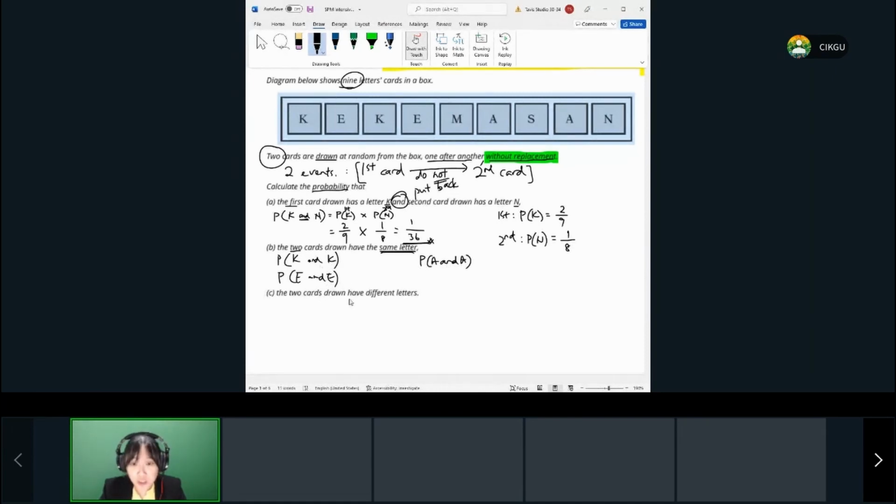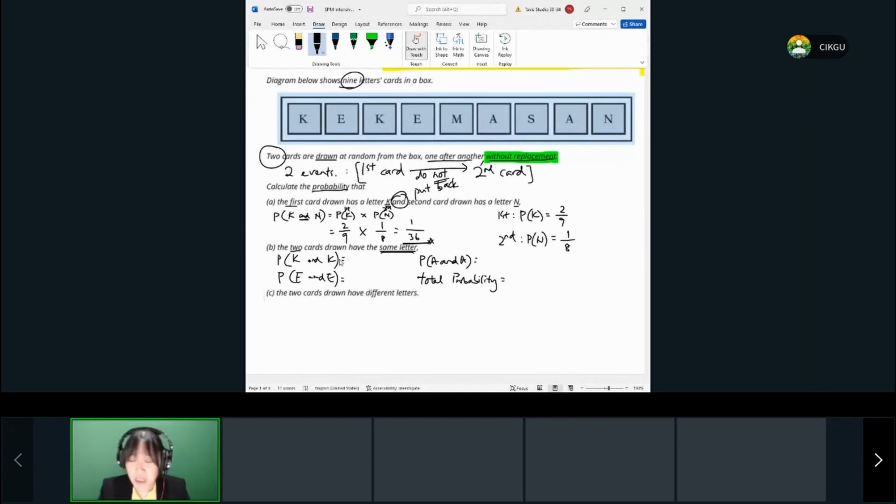So all you need to do is find them out one by one, and then eventually for the total probability, just add these 3 possibilities up. That's it. Logic only.